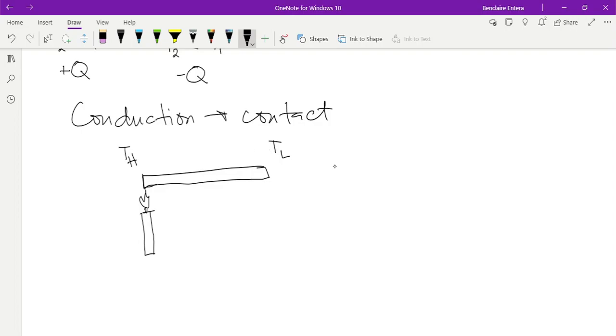It's the spontaneous direction of heat flow. We'll discuss the reason for this later in our topic on the second law of thermodynamics. So this must be the direction of our heat flow.